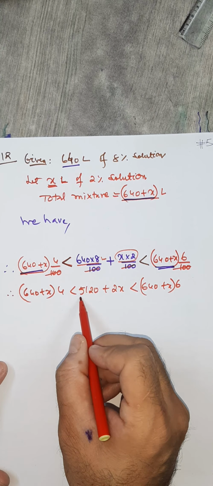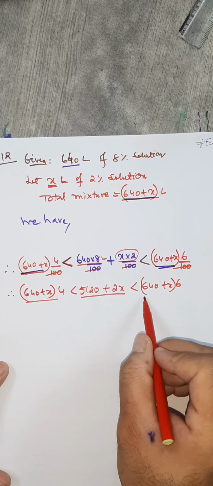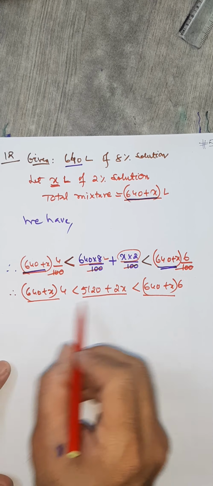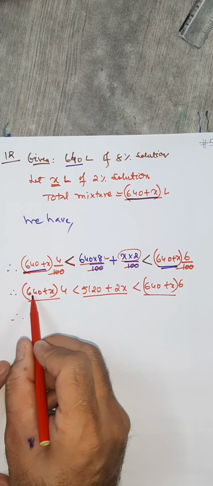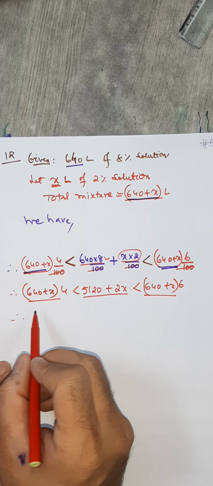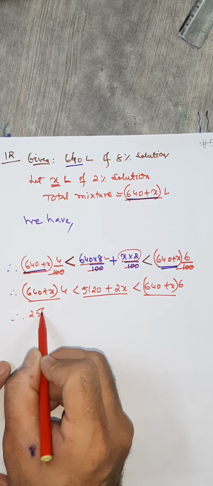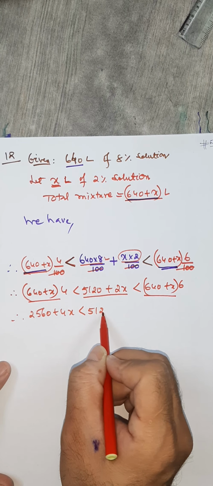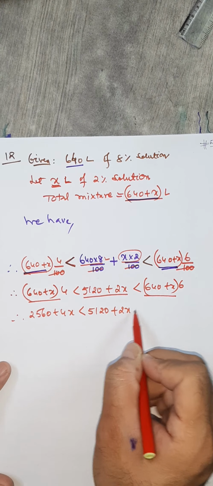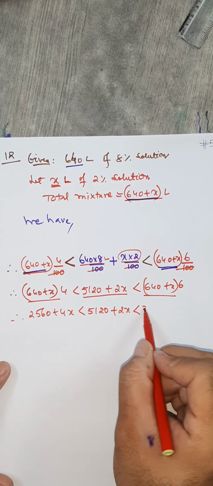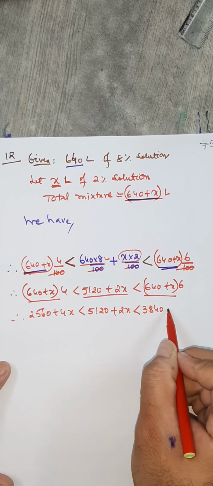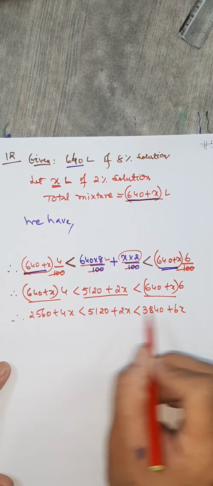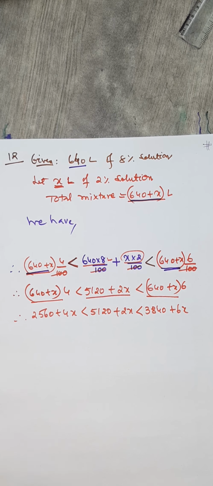This is 2x, the middle term. Now we open this. So 640 into 4 is 2560 plus 4x, less than 5120 plus 2x, less than 3840 plus 6x. We just simplified.